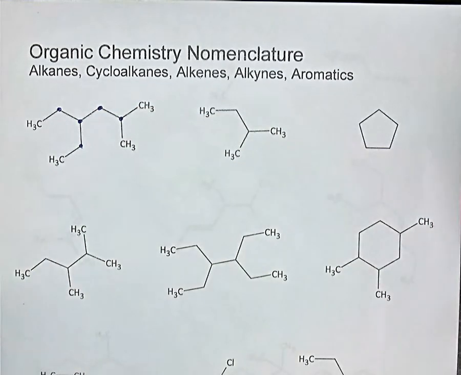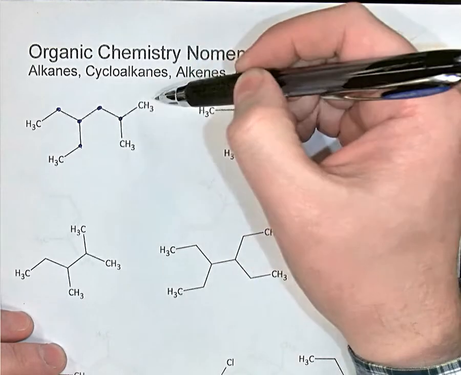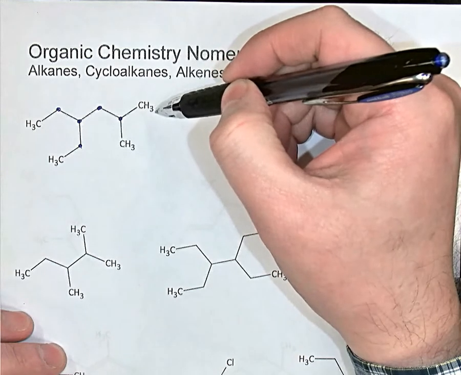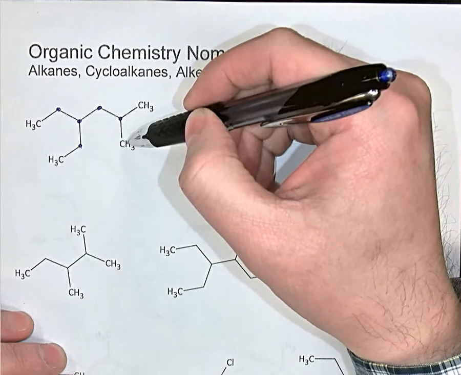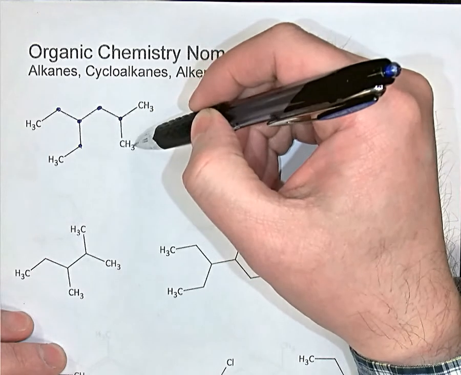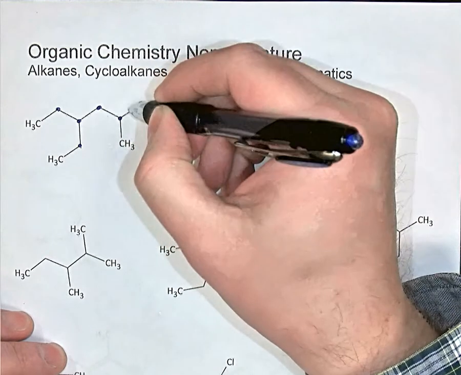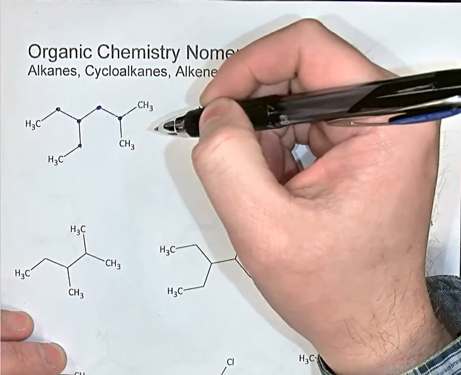Now carbon, you might remember, needs to have 4 chemical bonds. So when you see this carbon right here, it has 1 bond to another carbon, so it needs 3 hydrogens attached to it as well to give it 4 bonds in all. Same thing with this carbon, it's got 1 bond to another carbon, so it has 3 hydrogens attached here. Now this carbon has 3 bonds to other carbons, so in fact that would be a carbon with a hydrogen attached.